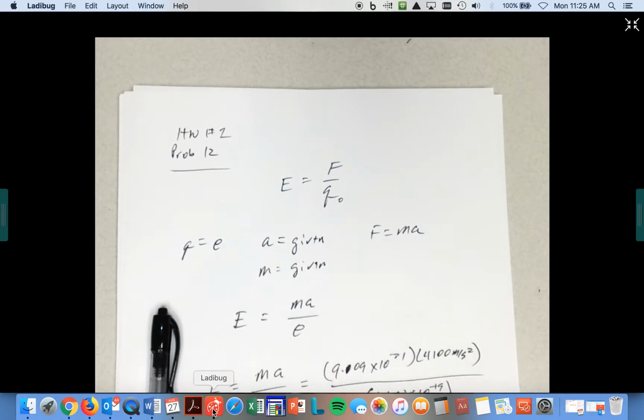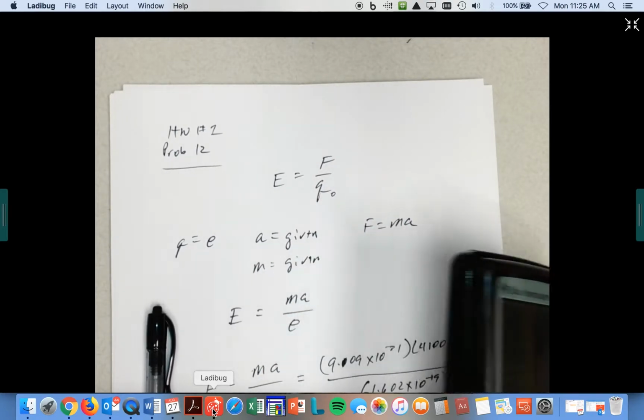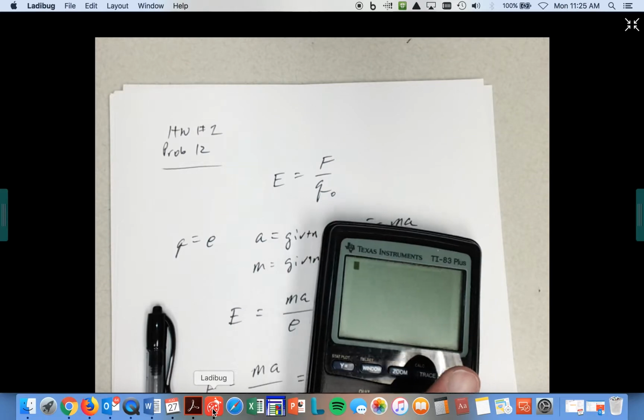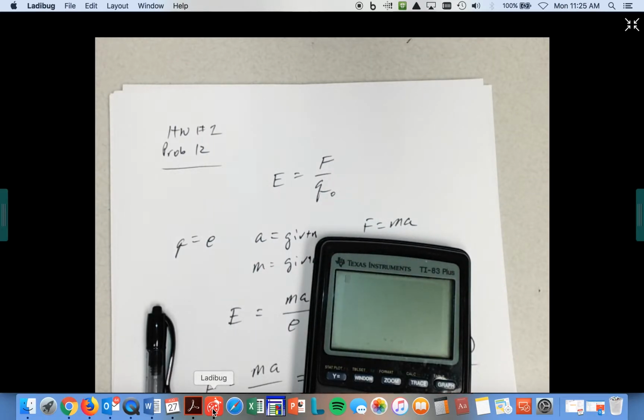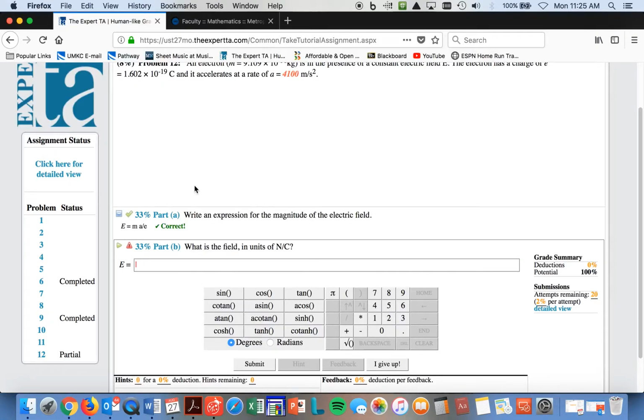So when I punch all that in, there's my E field. The mass, 9.109 e to the negative 31, that is a small number, times 4,100.